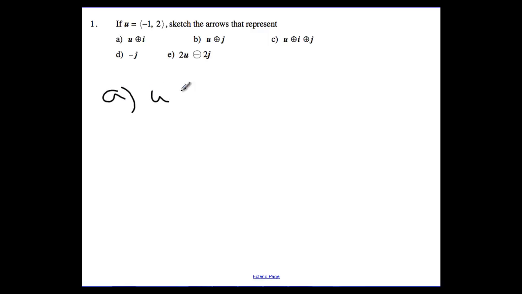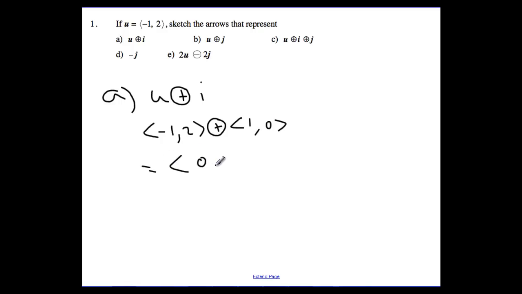Well, u is negative 1 comma 2, and i is 1 comma 0. So that vector is going to be 0 comma 2, which is going to look like this, straight up in the y. So length of 2 in the j direction.